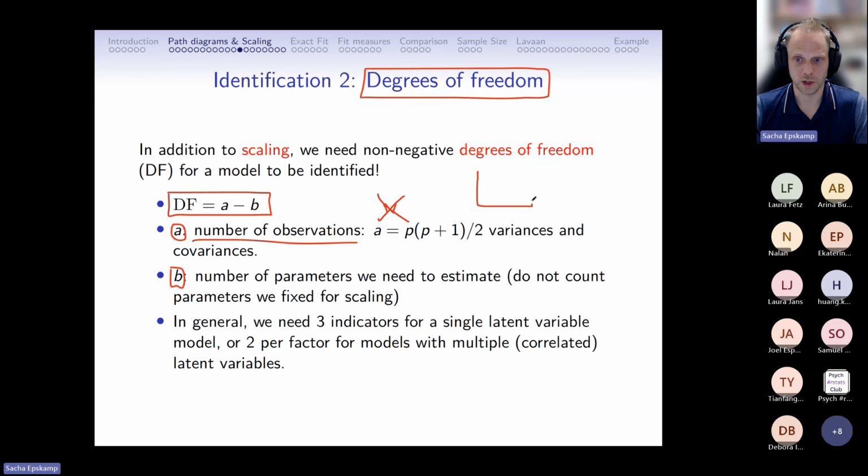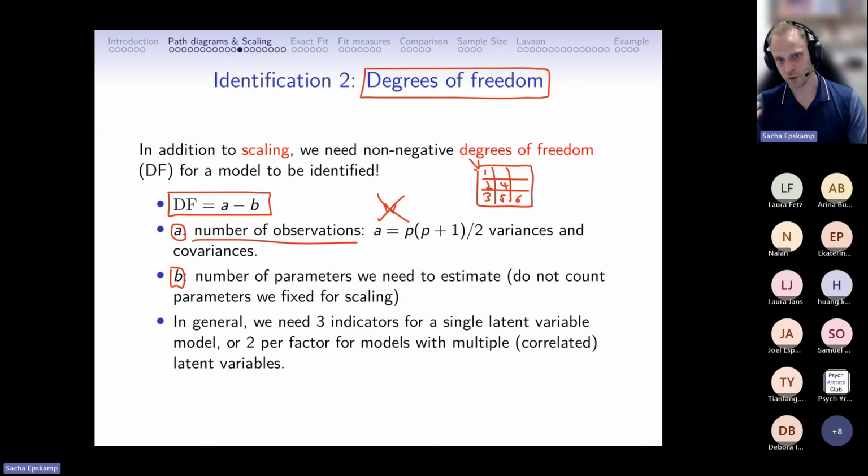Let's say you have a 3x3 covariance matrix we're trying to estimate. How many unique elements do we have? We have 1, 2, 3, 4, 5, 6: 3 variances on the diagonal and 3 covariances. The other part is symmetrical, so the covariance between variable 1 and 2 is the same as the covariance between variable 2 and 1.